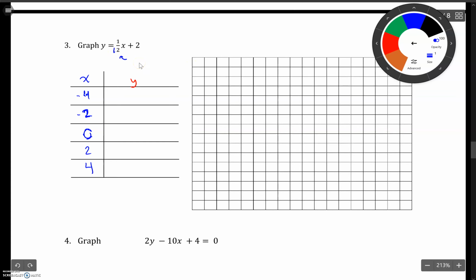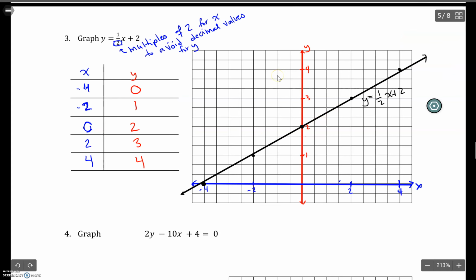So with that information in hand, complete your table of values, draw your axes, plot the graph, and then check your answers. So pause the video now to do that practice work, and then check your answers once it's filled in. Great work. So your graph should look something like this.